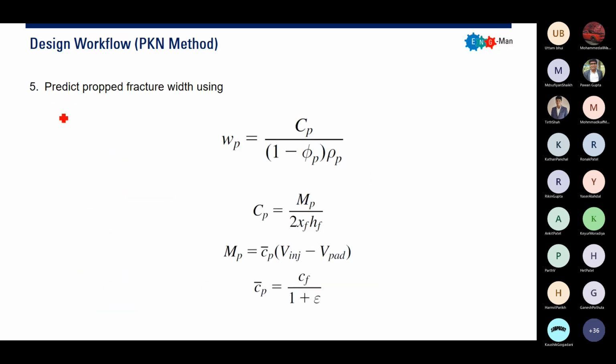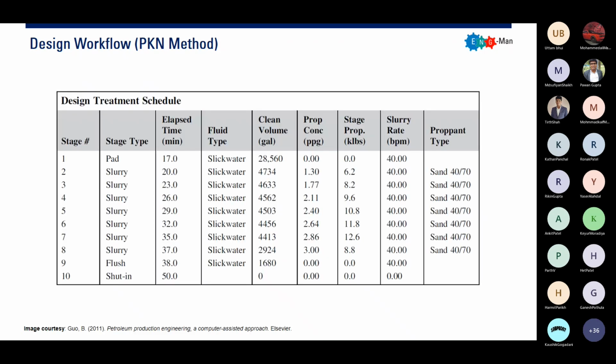Okay, so again, we continue to predict fracture width using this equation. And lastly, we will arrive at this table. So you can see we will have several stages and stage type. First, we go to PAD, where we use clean fluid to frac the reservoir.